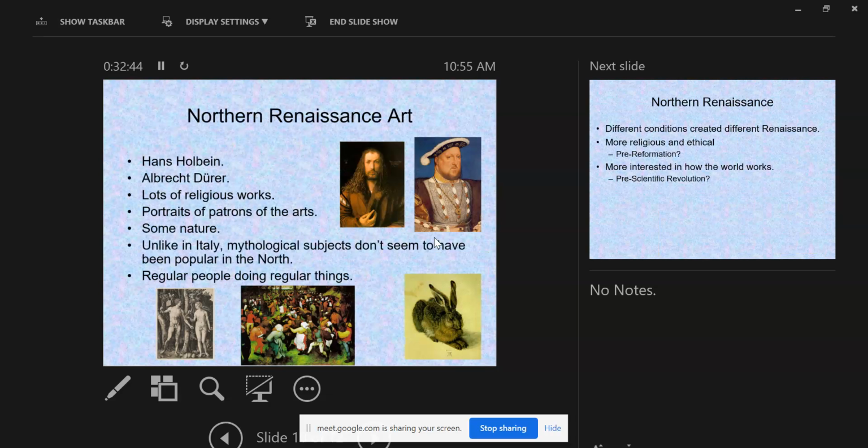I will show you, like I said, probably on Monday, some art, and you will see the difference between Italian Renaissance art and Northern Renaissance art. So people like Hans Holbein, he's the one who paints this portrait of Henry VIII here to the top right, or Albrecht Dürer.